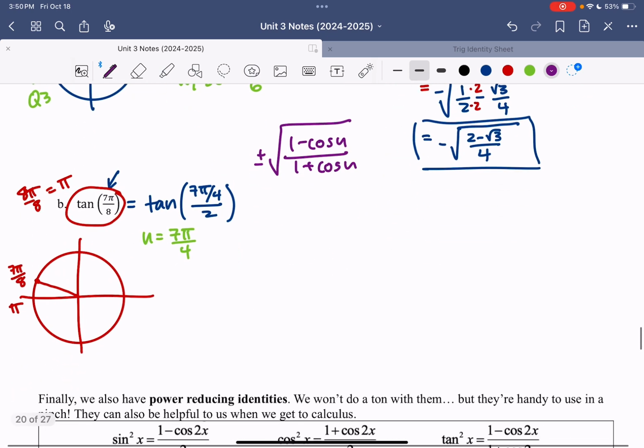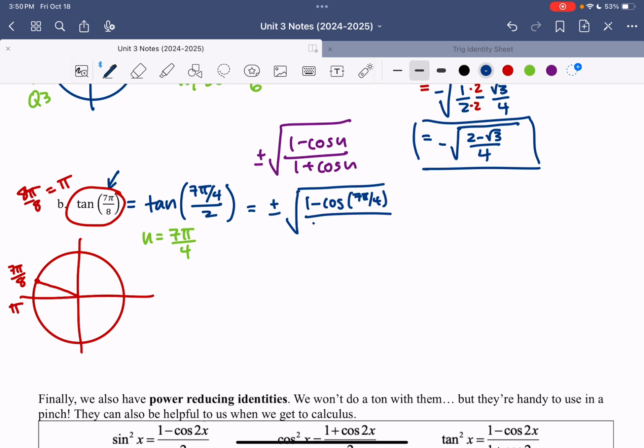All right, so this will be equal to plus or minus the square root of 1 minus cosine 7 pi over 4 over 1 plus cosine of 7 pi over 4. Okay, so 7 pi over 4 is going to land us over here in quadrant 4.